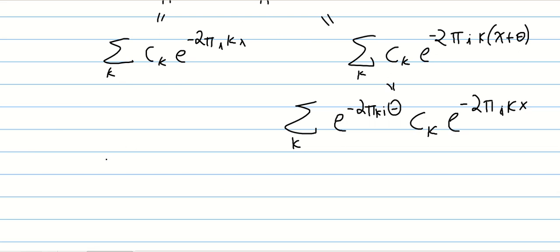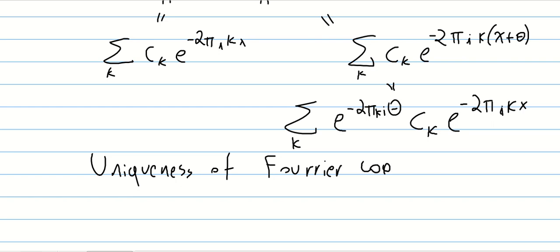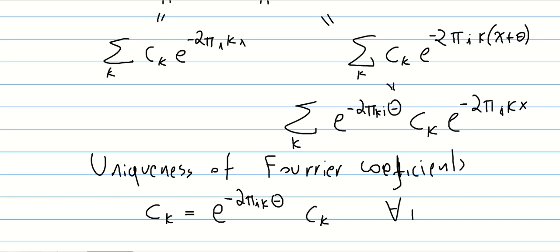So by the uniqueness of the Fourier coefficients, we have that c_k is equal to e to the minus 2 pi i k theta c_k for every k.